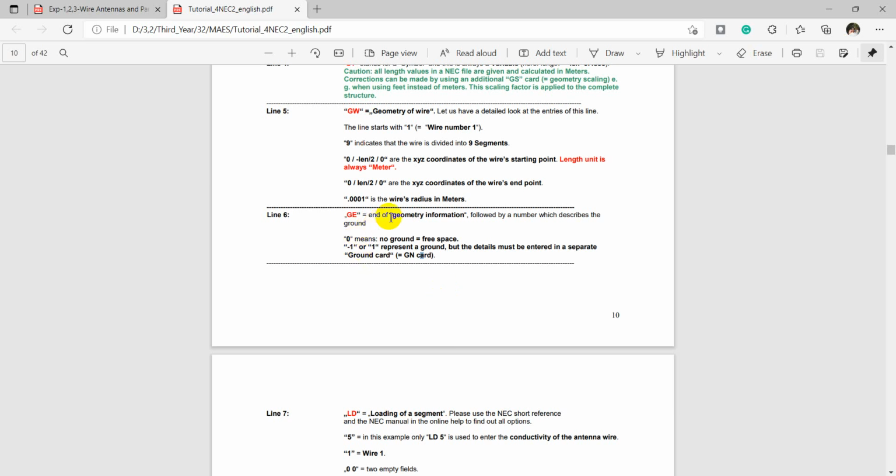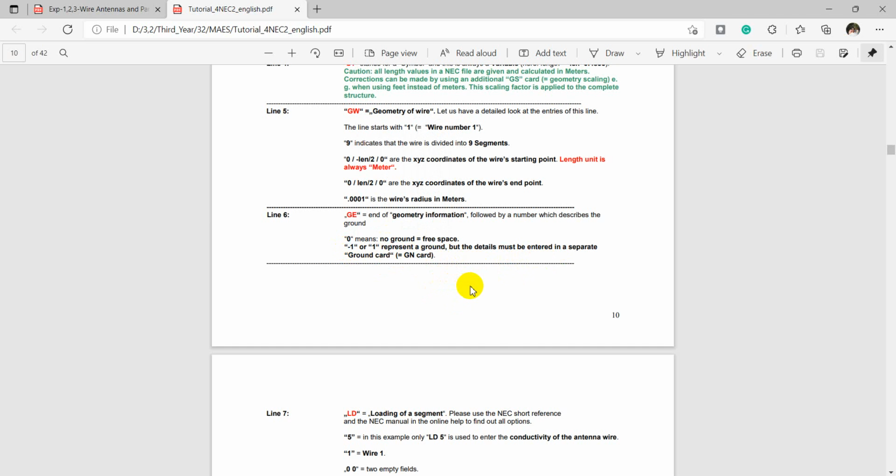In the geometry information, which stands for GE, when the value is given as 0, that means no ground and it's in free space. When it's -1 or 1, it represents a ground, but the details must be entered in the separate ground card, which stands for GN.